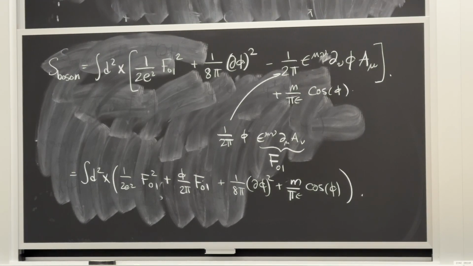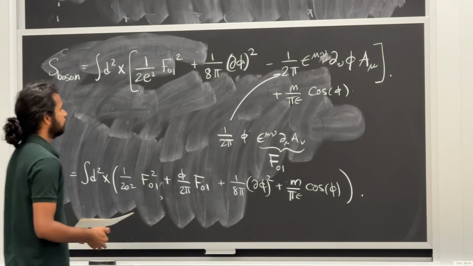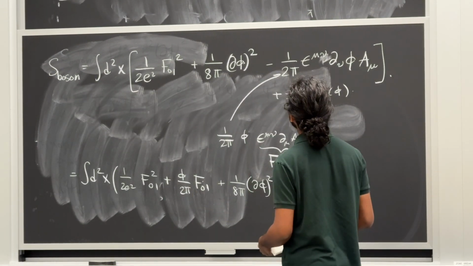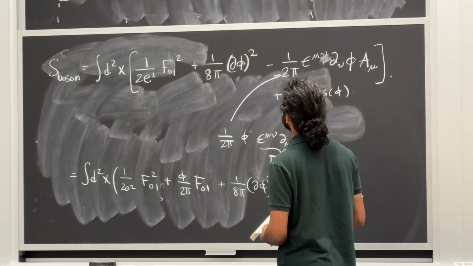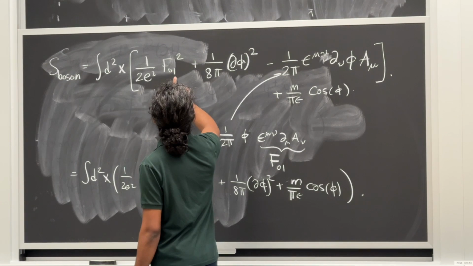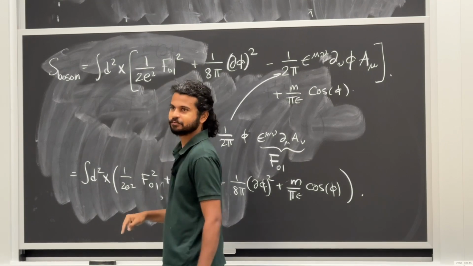You get an extra factor of 2 in going from f squared to f01 squared. This one, right? No, in the first term, the 1 over 2e squared f01 squared. Yeah, there is an extra factor.